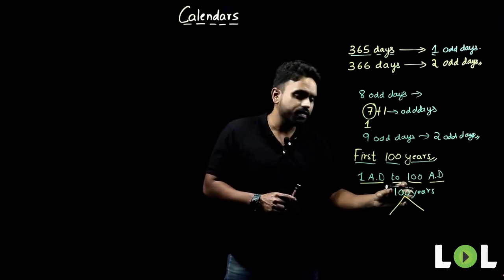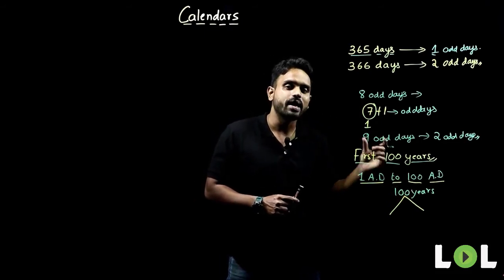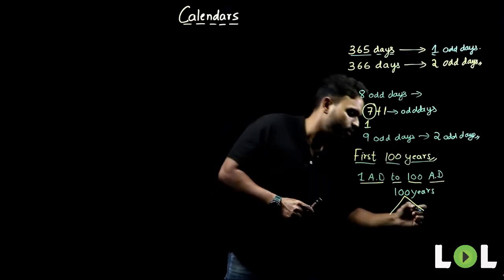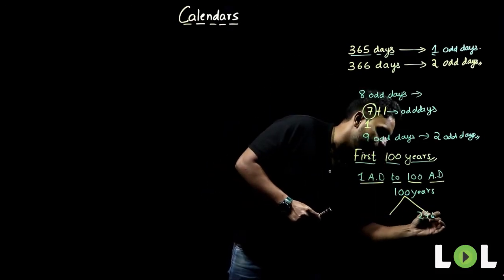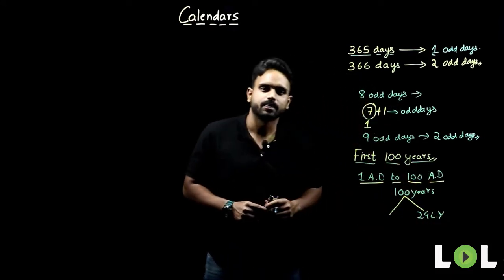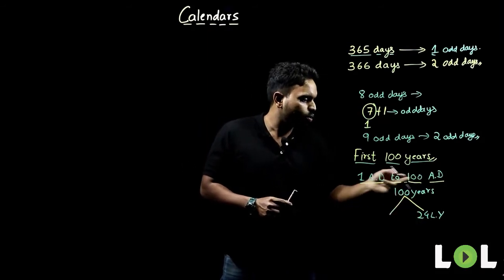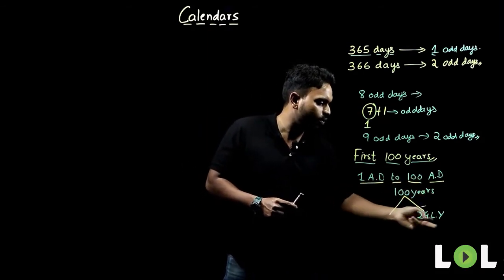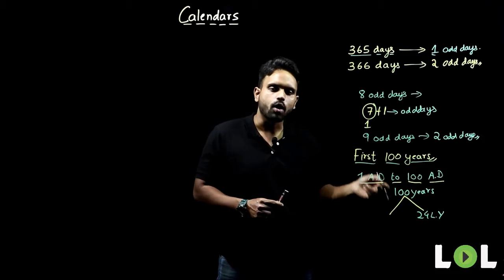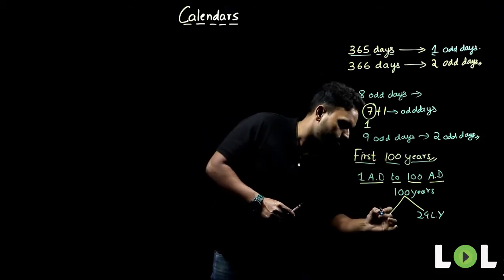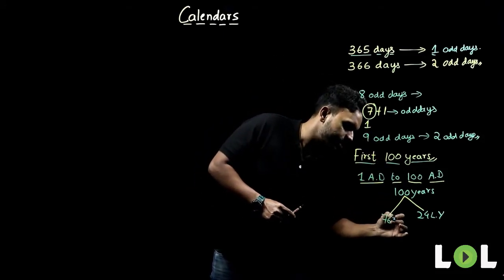Is 100 divisible by 400? No. So how many leap years will I have? I'll have only 24 leap years. Yes. So out of the total of 100 years, if 24 years are leap years, how many normal years will I have? I'll have 76 normal years.